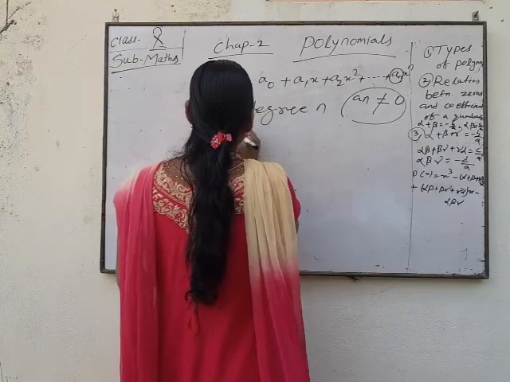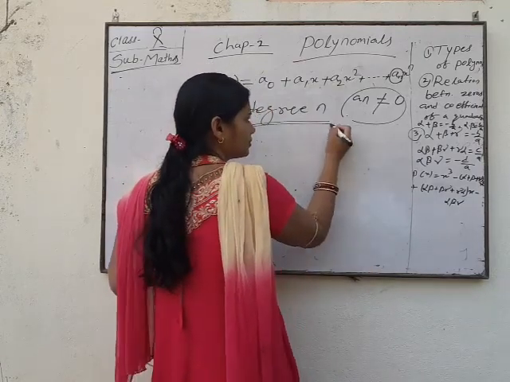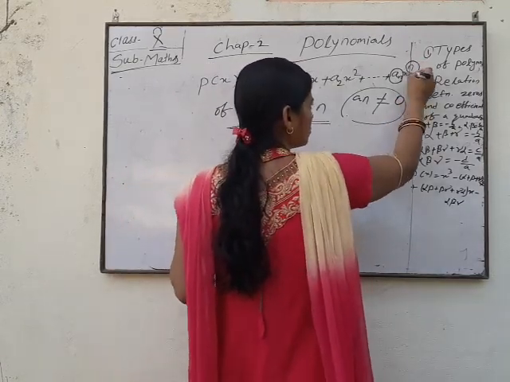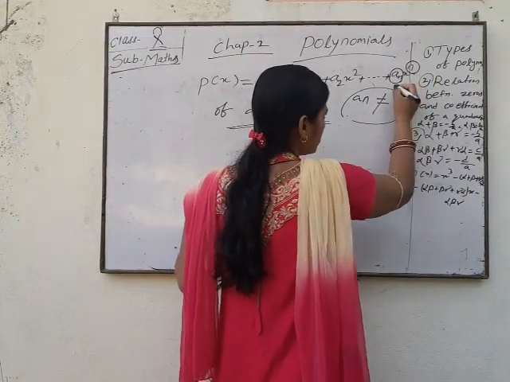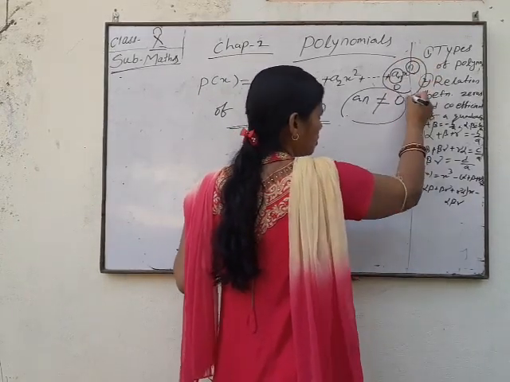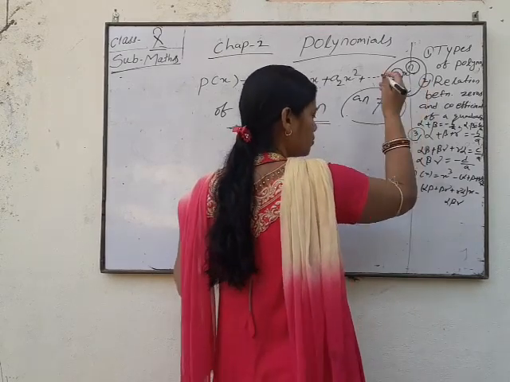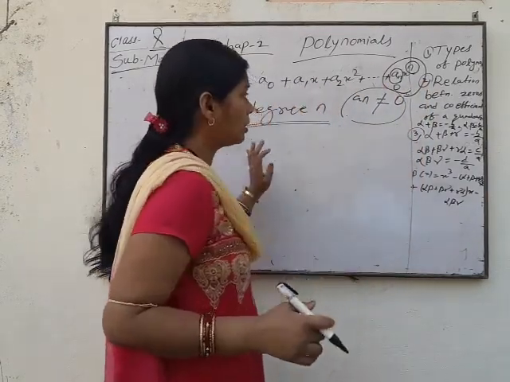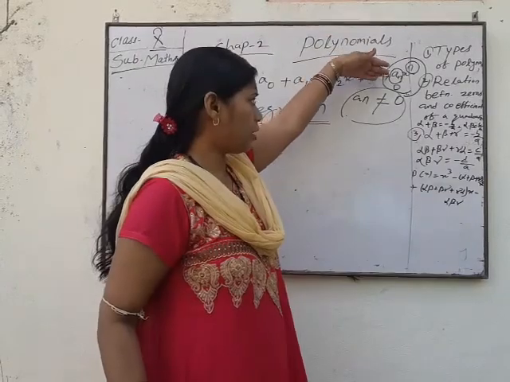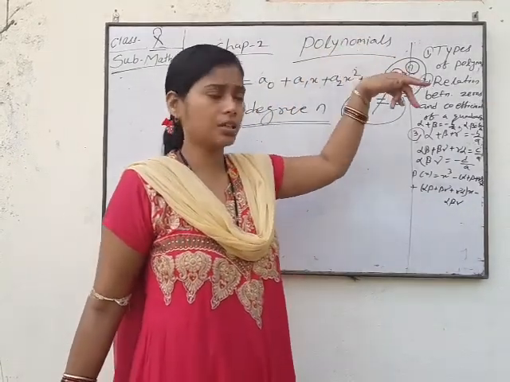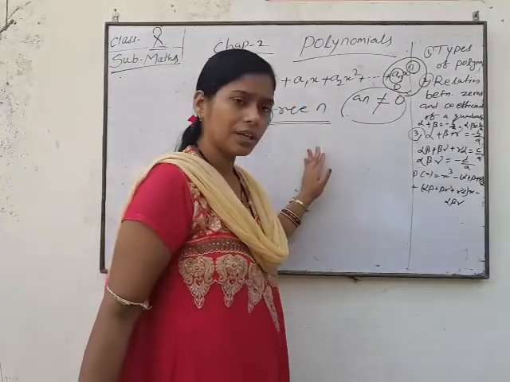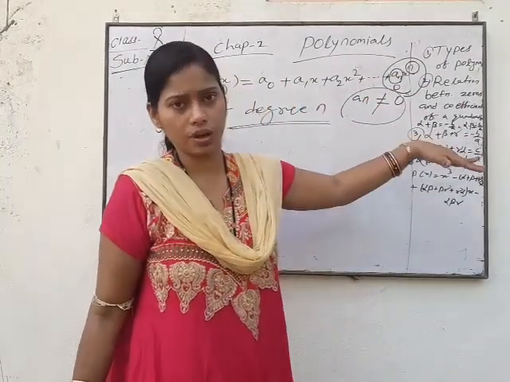Look here, polynomial of degree n, the power is n. If this term is 0, then the total term is 0. If the total term is 0, then what is left? Your polynomial is left up to power n minus 1, so that is a polynomial of degree n minus 1.